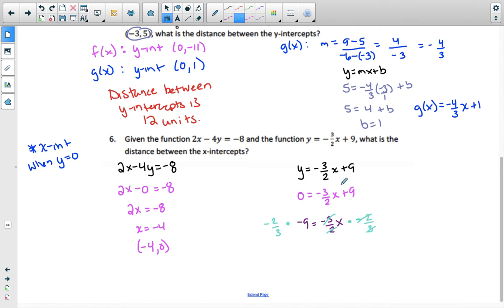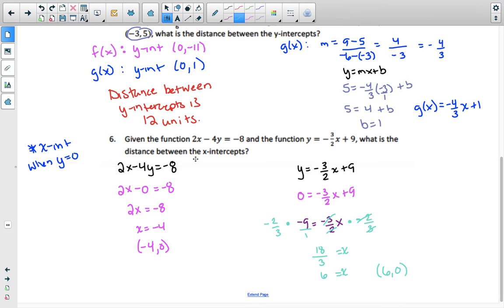So we'll end up with x equals negative 2 times negative 9, because this is over 1. Negative 2 times negative 9 is a positive 18, divided by 3 times 1, which is a positive 3. So the x is equal to positive 6. So our x-intercept is 6, 0.